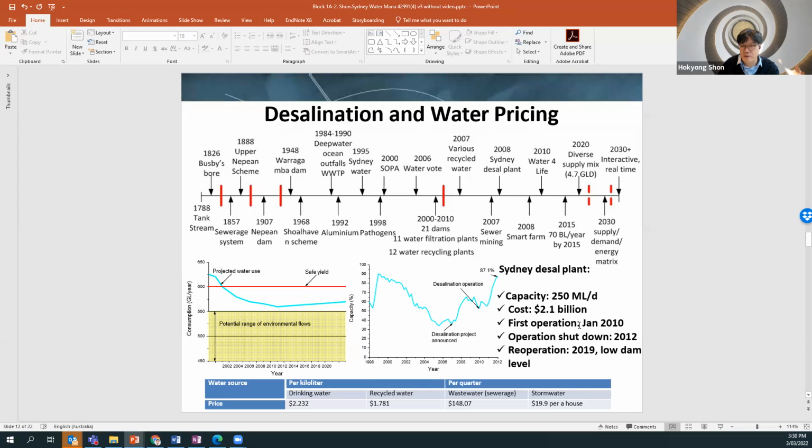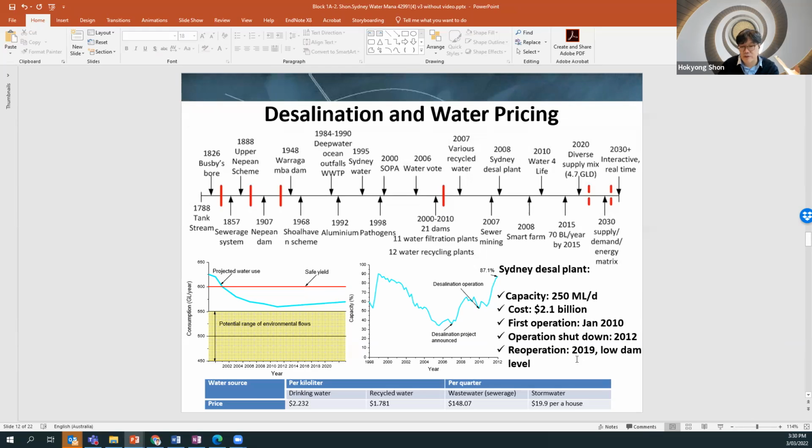The first operation was January 2010, and the shutdown was 2012, as we had enough water in our dams. That's the reason why we have not operated for a long time. In 2019, we had a little bit of severe drought.